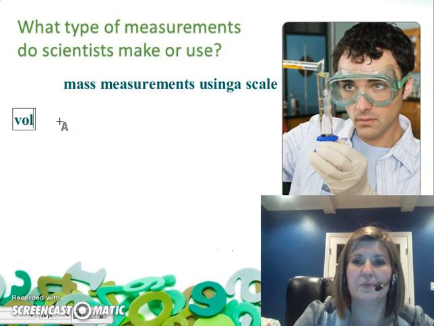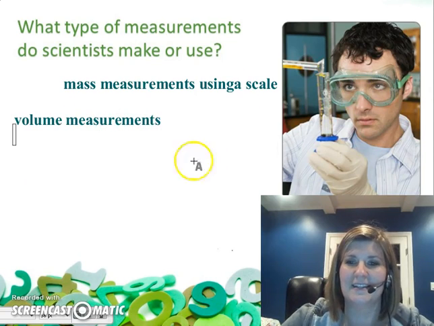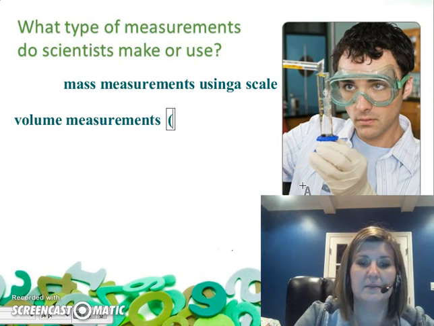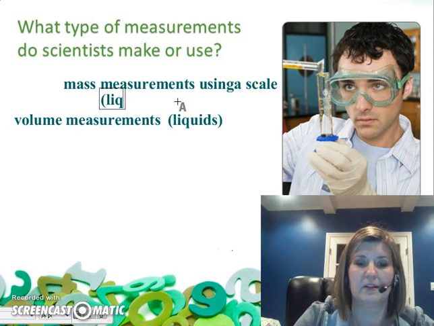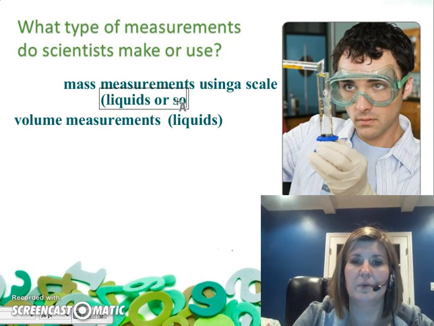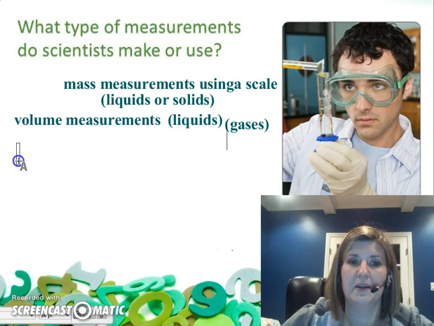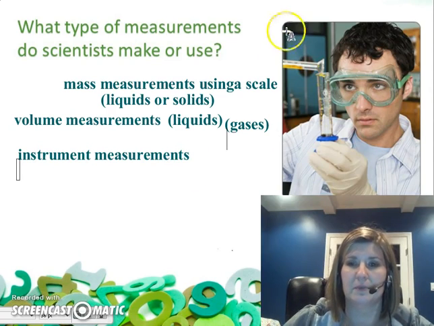We can take volume measurements, as is seen in the picture there with that scientist and his nice little what's called a graduated cylinder, usually measuring liquids. Mass measurements can be made using liquids or solids. We can also measure the volume of gases, so that's something there. We make instrument measurements, a variety of different types that give us numbers.